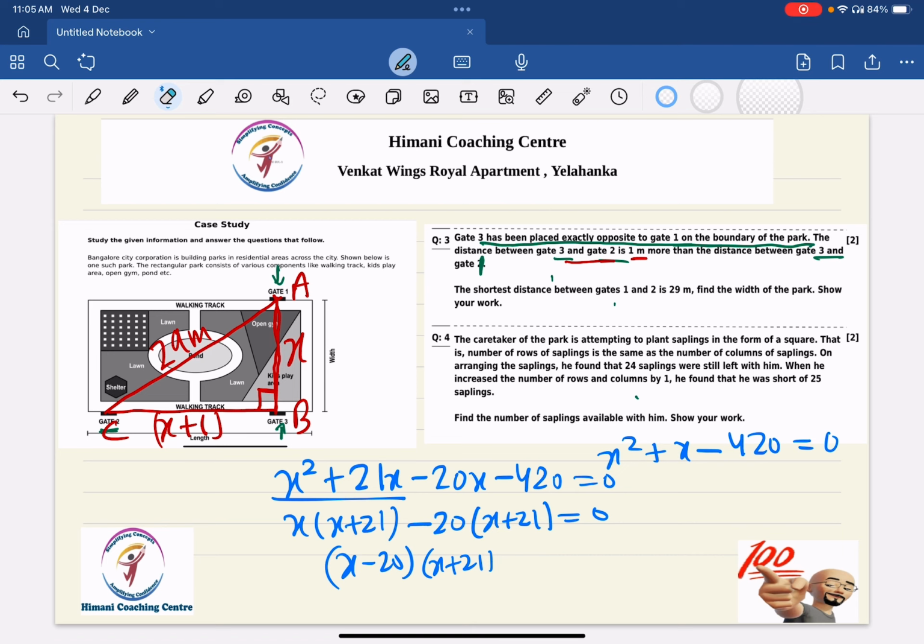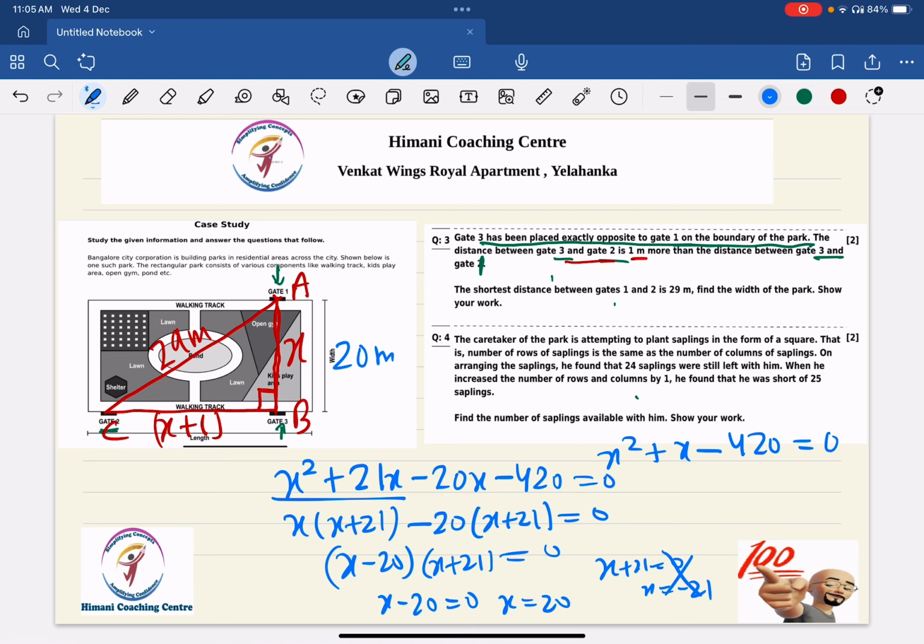It's a case study question, so we don't need to write the zero product rule. We can simply show the step: x minus 20 equals 0 gives x equals 20, or x plus 21 equals 0 gives x equals minus 21, which would be rejected because width or length cannot be negative. So the width of the park is 20 meters.